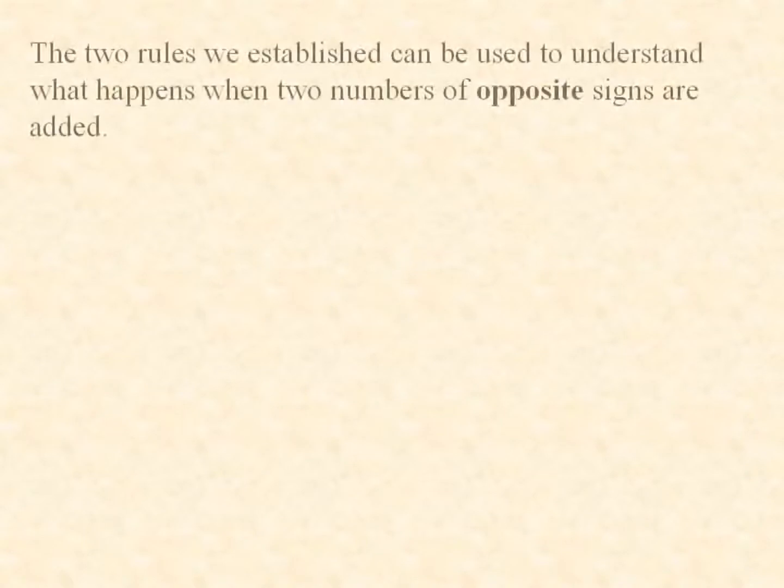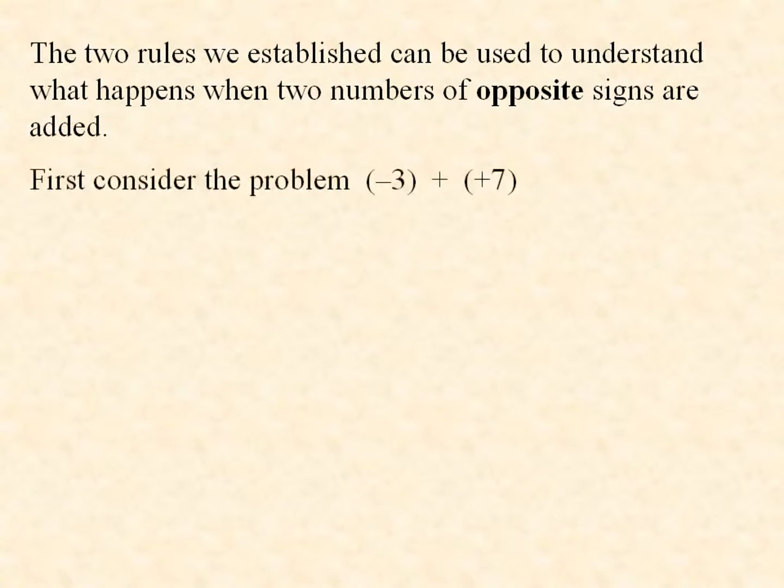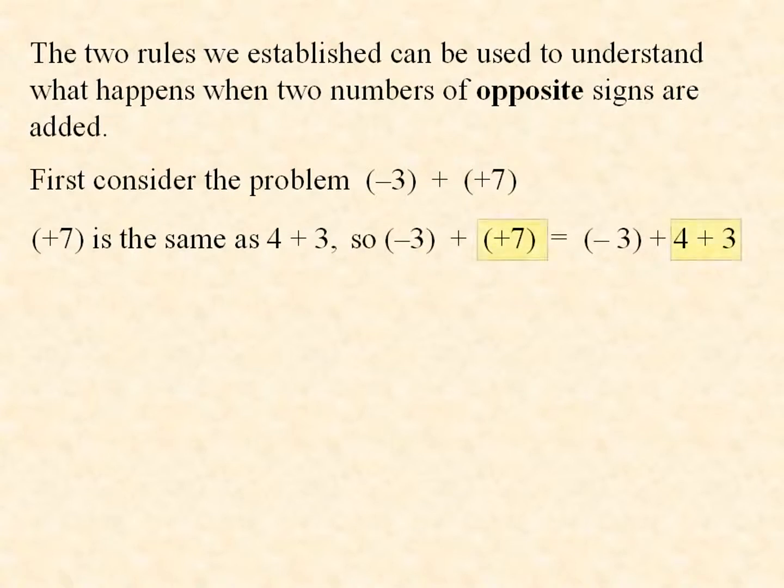The two rules we established can be used to understand what happens when two numbers of opposite signs are added. First, consider the problem negative 3 plus positive 7. Positive 7 is the same as 4 plus 3, so negative 3 plus positive 7 is the same as negative 3 plus 4 plus 3.